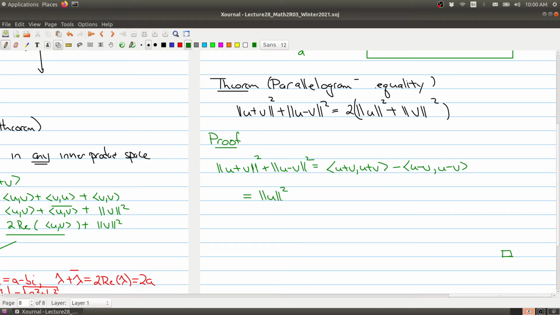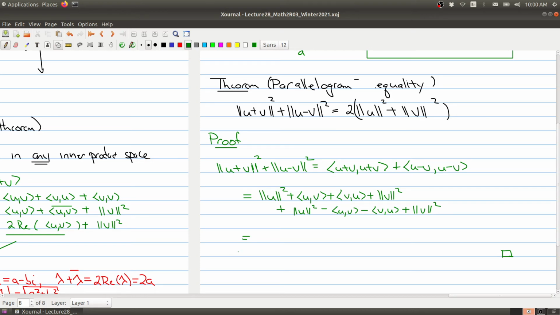The first term here looks like this. So that's the expansion of the first term, and then the expansion of the second term gives me, oops, that should have been a plus, gives me the norm of u squared minus the inner product of u and v minus the inner product of v and u, and then plus the norm of v squared.